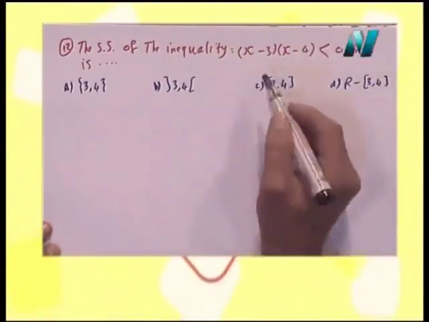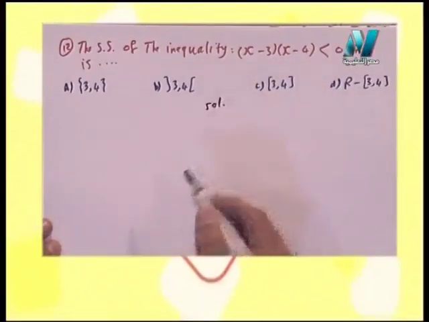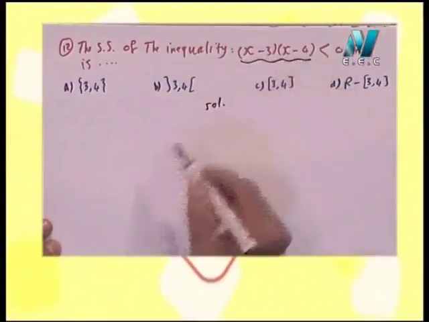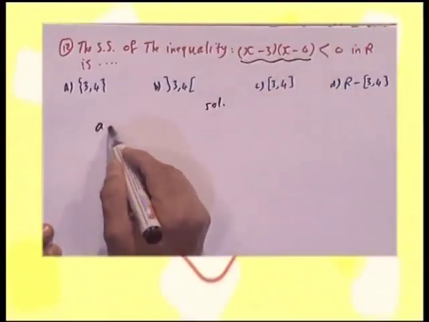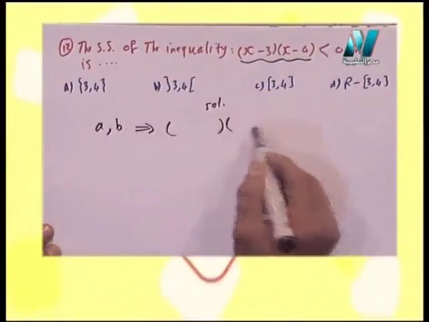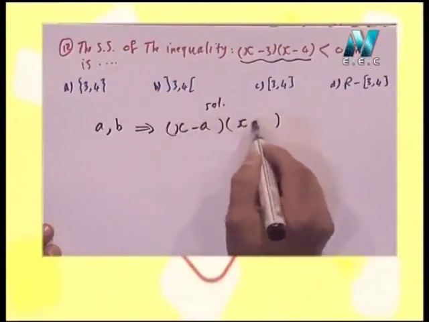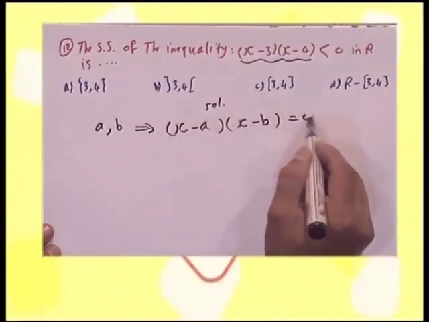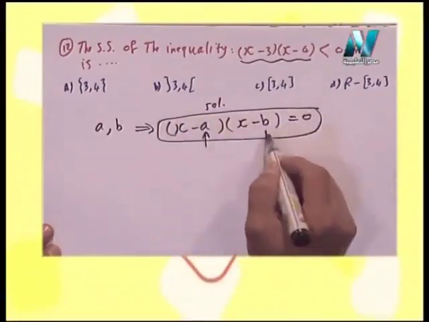We know from the first lesson of algebra how to find the equation: if we have the two roots a and b, then we can put them as (x - a)(x - b) = 0. It is a quadratic equation if we have the roots a and b.